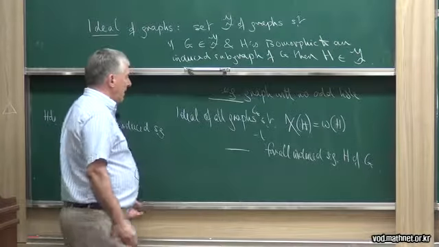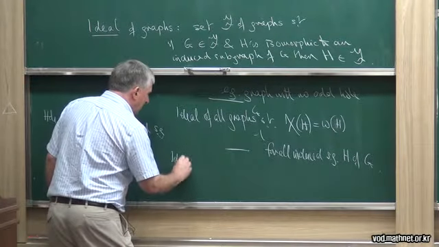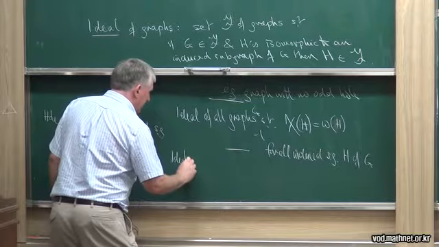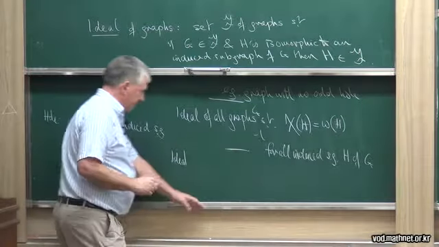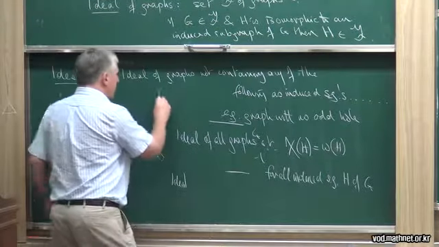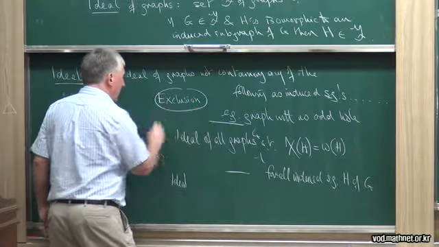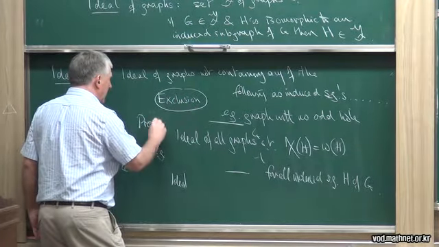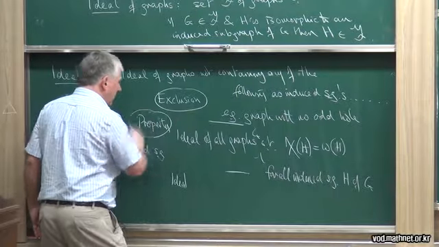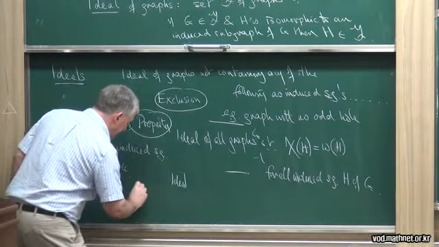Or you could define ideals by constructions. So this is exclusion. This is property. And then there's construction.